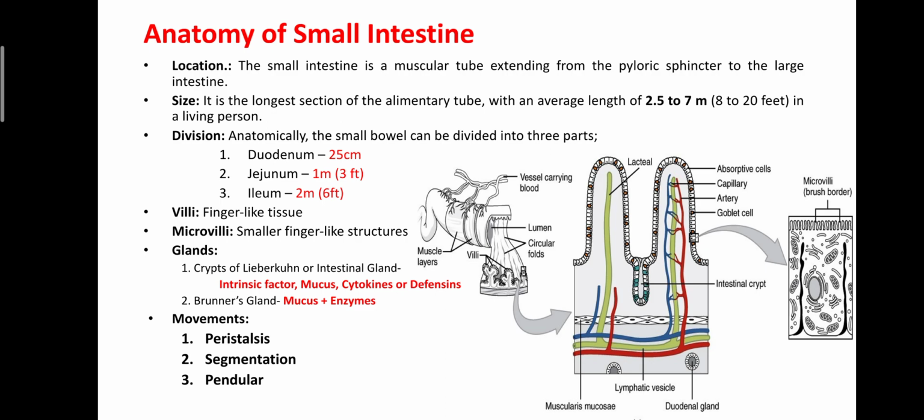So all these hormones and enzyme secretions are helpful for the digestion of the chyme or food in the small intestine. One point you should remember, dear students: in our body, the maximum food is digested in the small intestine, because it gets the secretions from the gallbladder as well as the pancreatic gland along with its own secretion, and all these three secretions are involved in the digestion of all kinds of food.